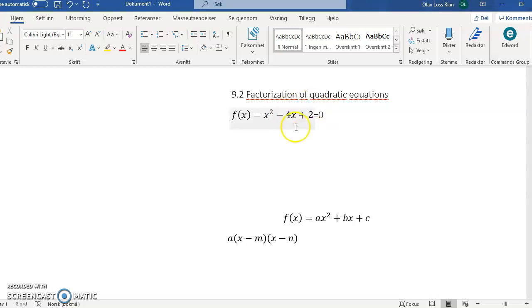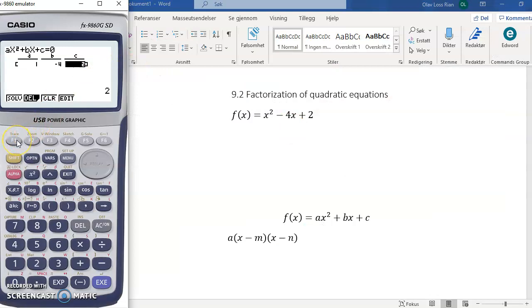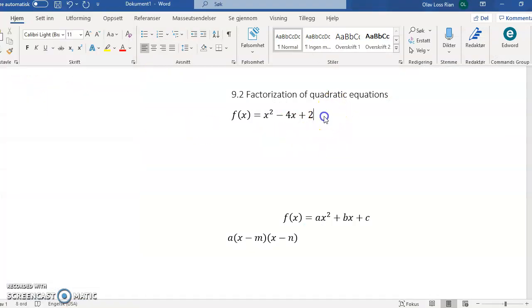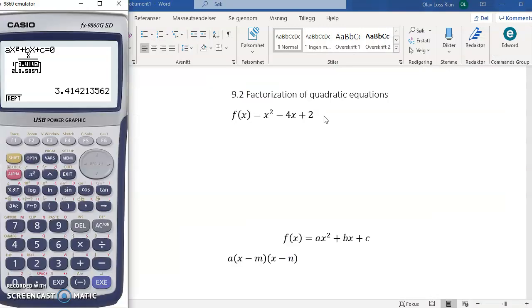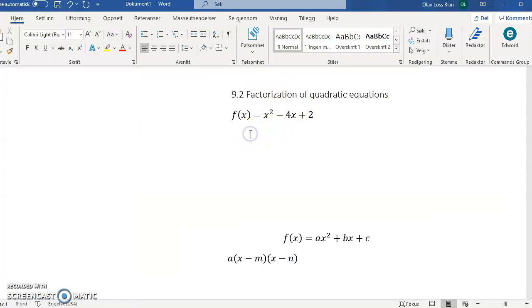So this is the equation we're solving. We push solve and we get our answer. And this would be the zeros of the function. This one is not going to be very pretty.